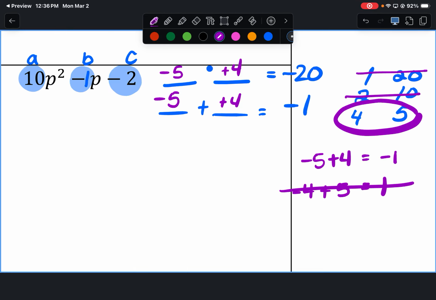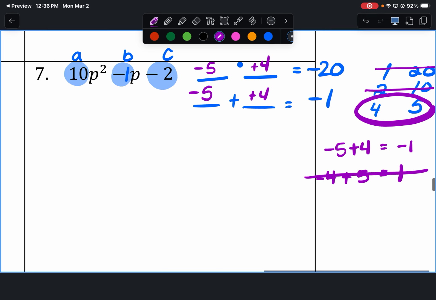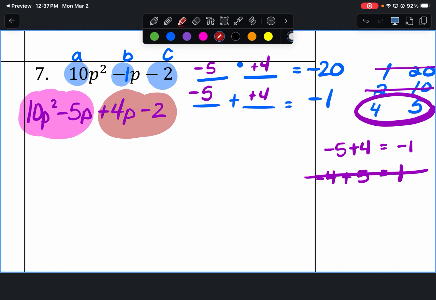Okay. Once we do that, how do I rewrite the next line? 10p squared minus 5p plus 4p. Okay, don't forget the P terms on those in the middle. Now from here, take the GCF of the first two and of the last two. So when we take the GCF of the first two, what is it? 2p.